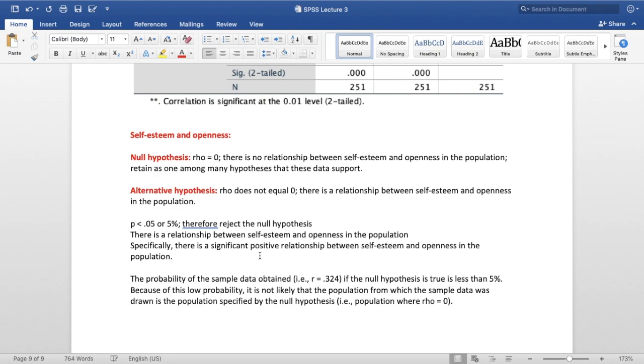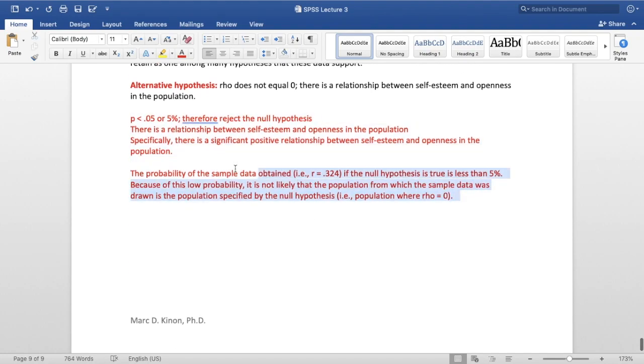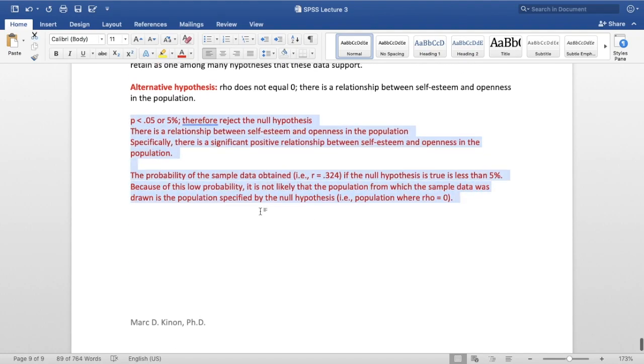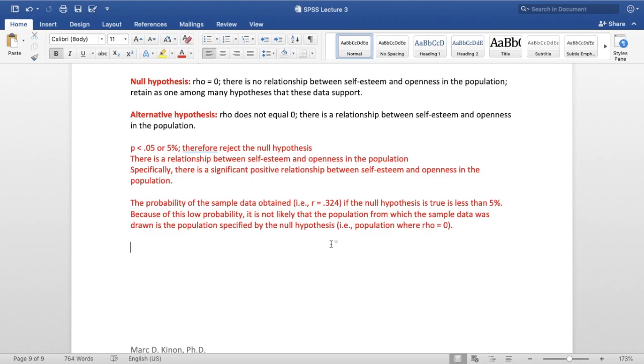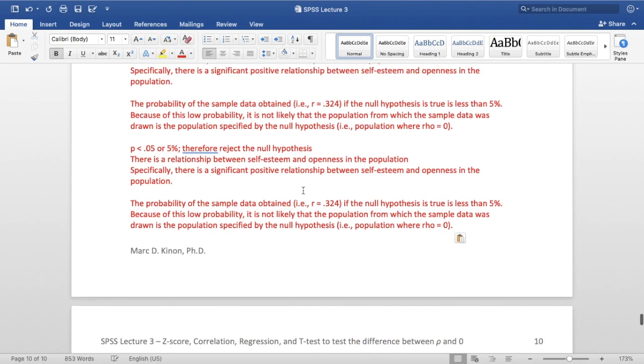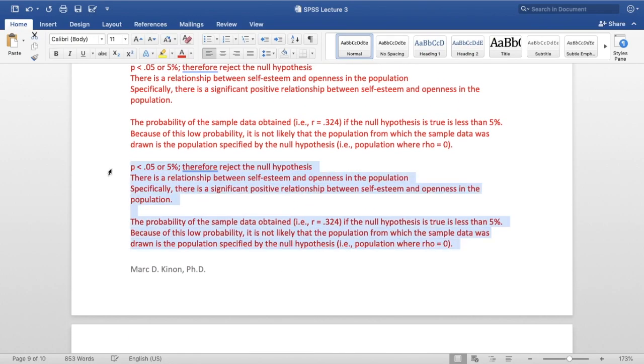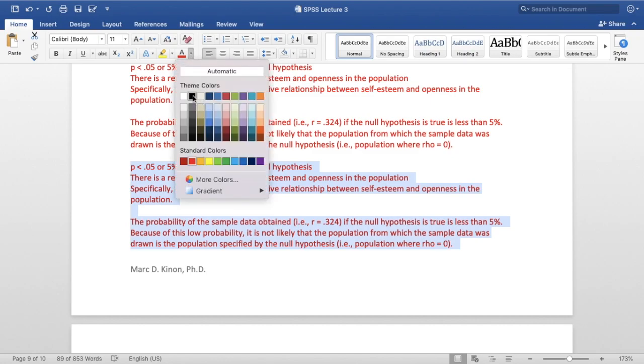One thing I wanted to also show you is this. Okay, so what if p is greater than 0.05? This is our what if scenario, and I'm going to show you how the verbiage changes.